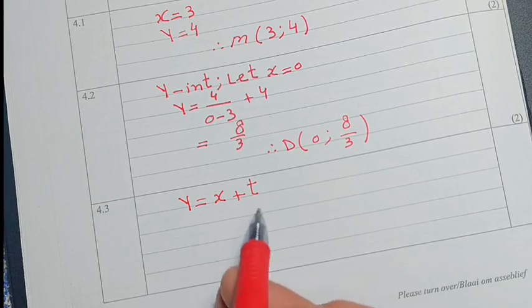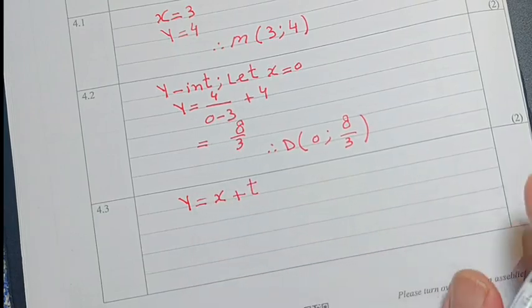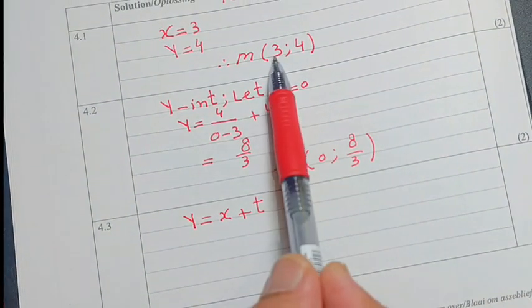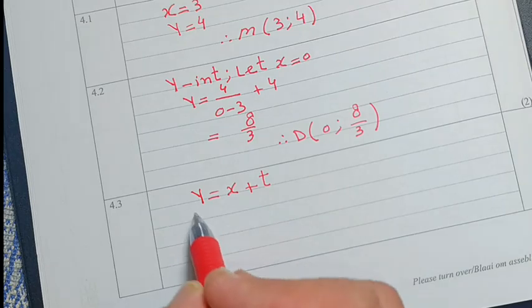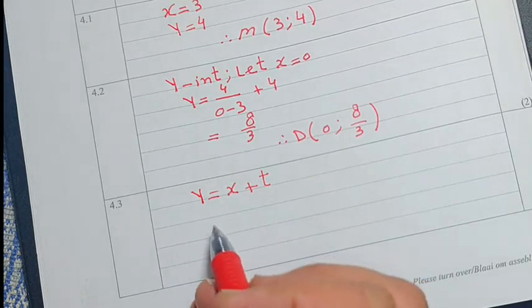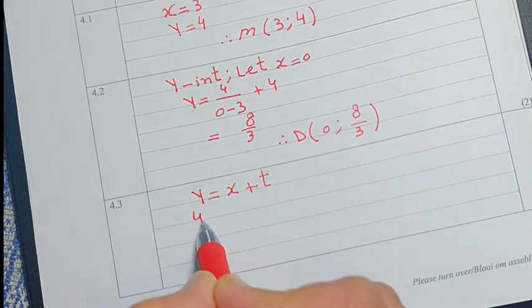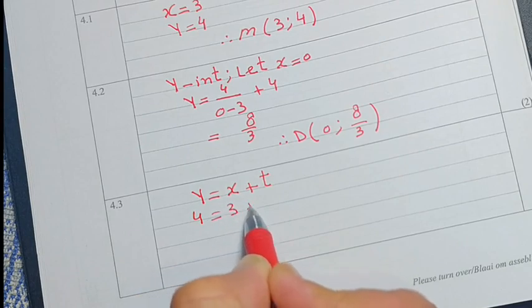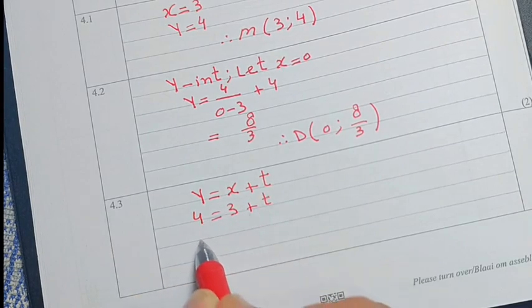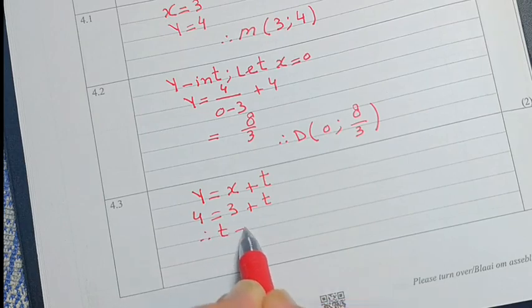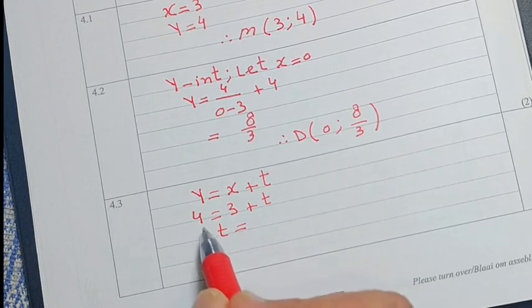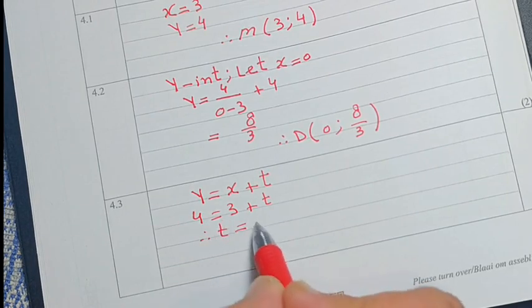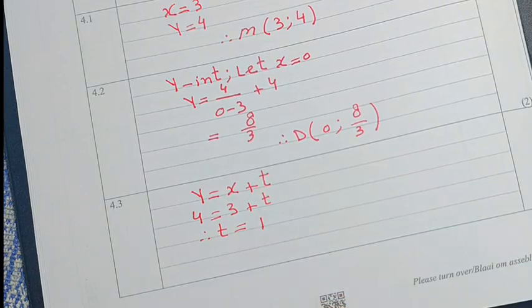I substitute the coordinates of M, x and y, so 4 = 3 + t. Therefore t is 4 minus 3, which becomes 1. So t is 1.